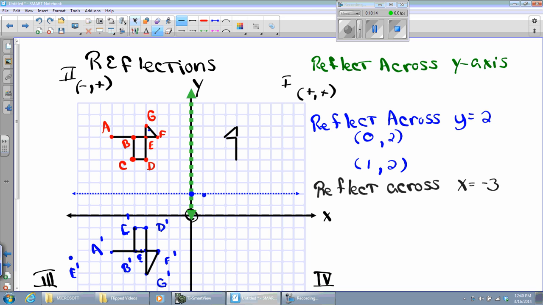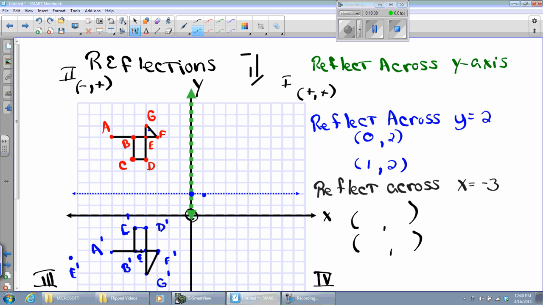Okay. On this one, I have to do a mirror across x equals -3. Again, I'm going to list points for my mirror. So I'm going to say x is -3. So I need 2 points.